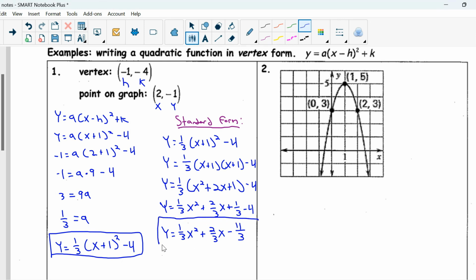So ultimately, that would be my quadratic in standard form as well. All right, we're going to skip number 2 for now. For number 2, all you would need to do is identify your vertex and identify any other point on the graph, and you can go through this same exact process.